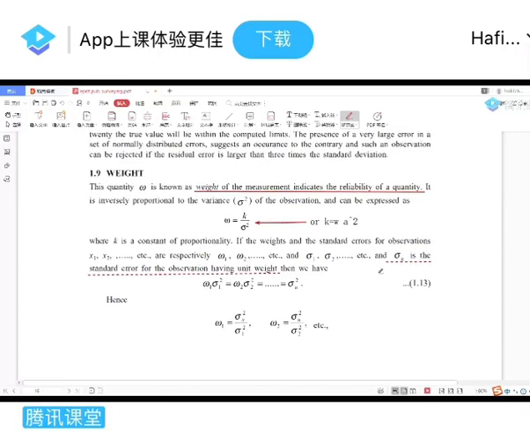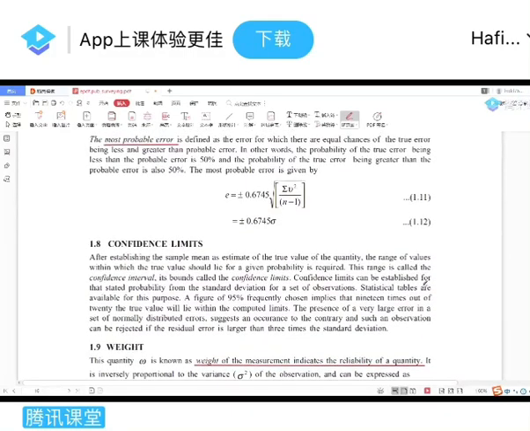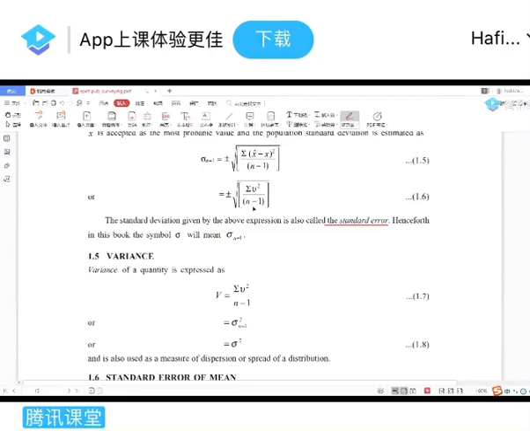This is the original way we design the weight. So the weight. This is the standard deviation, the standard error of observation. Standard error of observation. So basically, this is this number.